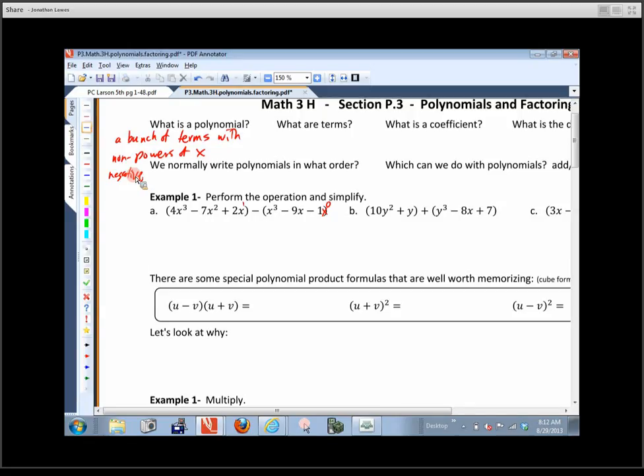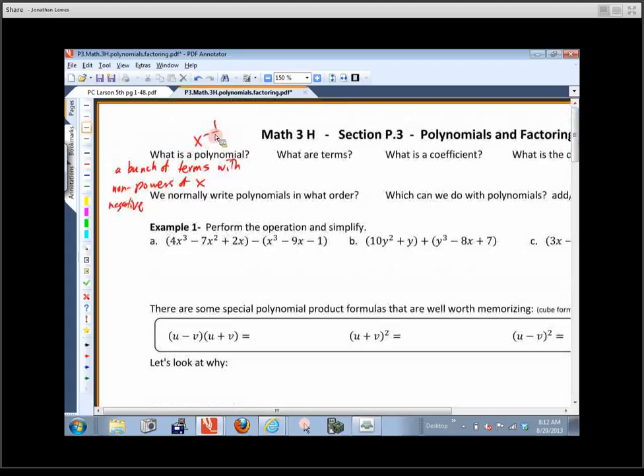And so, I mean, we all know that's a polynomial, right? Is this okay? Would this be part of a polynomial? X to the negative 1/3? Not with the negative. What about x to the 1/3? Is that a polynomial? Isn't that the cube root of x?